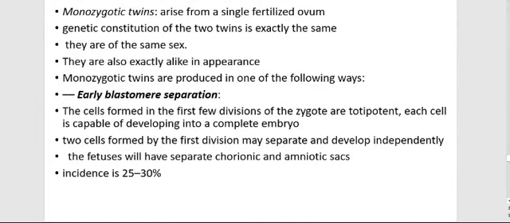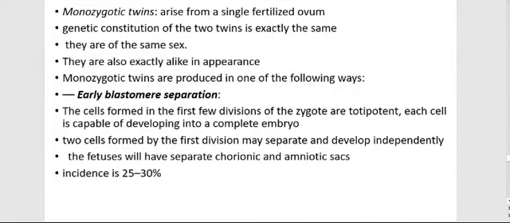But from this zygote, the cells may separate and form two separate human beings who have the same genetic constitution. In appearance, they are a carbon replica of each other. These are what we call identical twins.